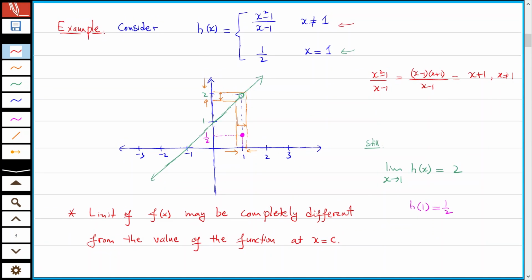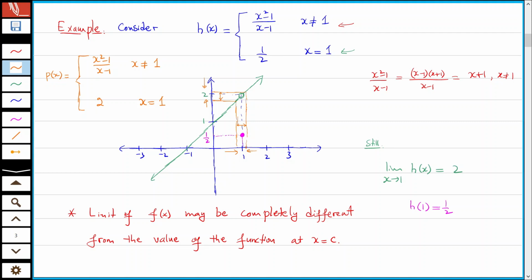Now, for example, if I define another function here, let's take p of x. Because I have the freedom to choose the value at 1, I'm defining a new function, x squared minus 1 divided by x minus 1 when x is not equal to 1. And I define the function to be equal to 2 when x equals 1.